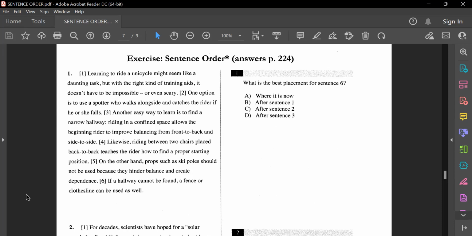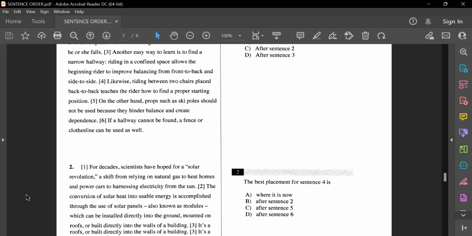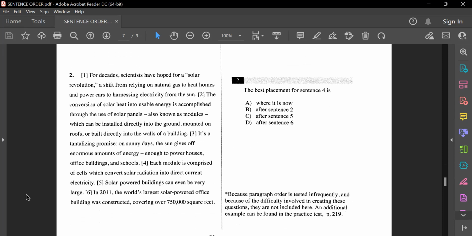Very good, Vardhan. Okay, solve this, please. Question number 2. Solve question number 2, and raise your hand once you're done. Don't give the answer, please.